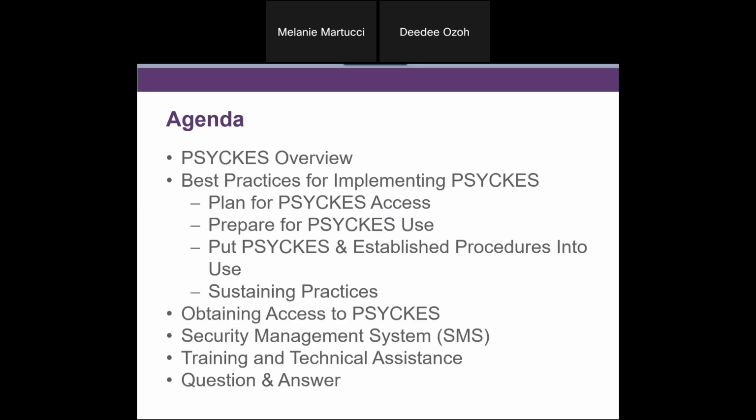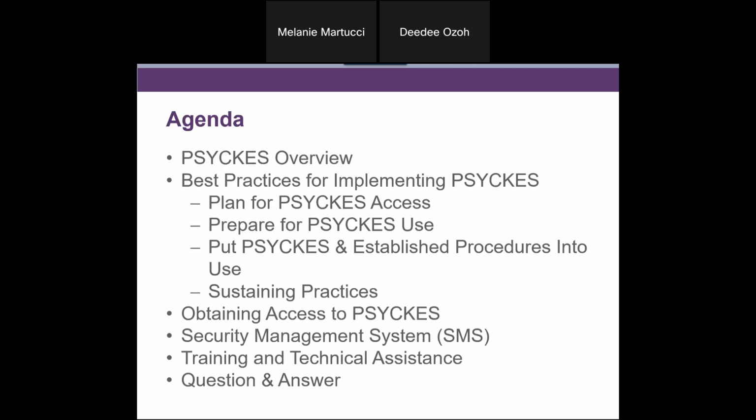And this is important to review before even getting access to PSYCKES because it will allow for your organization to plan for getting PSYCKES access. You can prepare for your organization and those who will be using the application. And then we'll go over how to actually put PSYCKES into your organization's established procedures, and we'll talk more about how to sustain those practices as well.